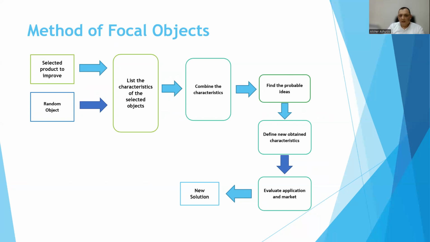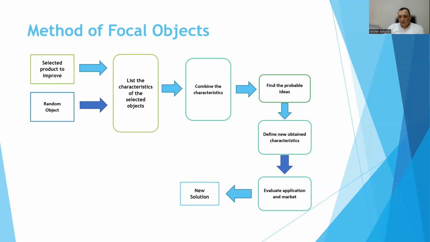Then combine the characteristics. So first, it means that you try to analyze, find out or define the characteristics or features of the selected object separately, one by one. Then you combine these characteristics. Then you try to find the probable ideas.